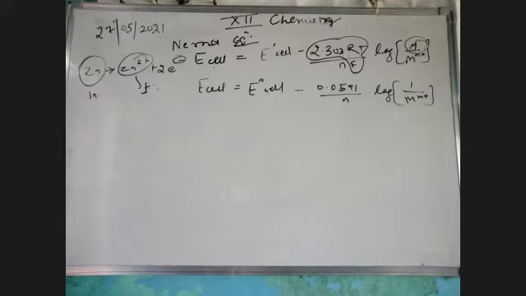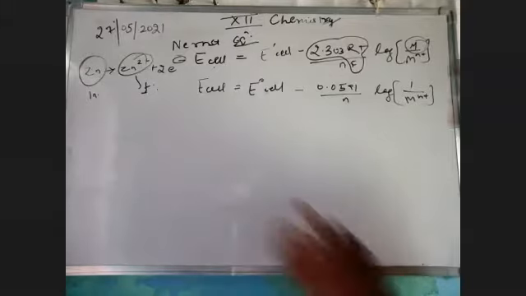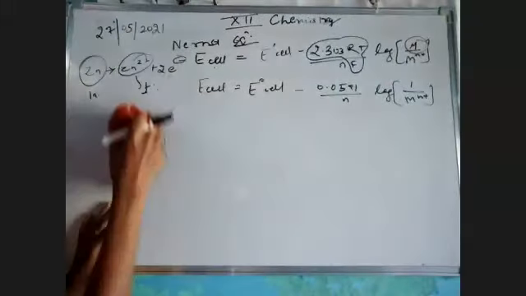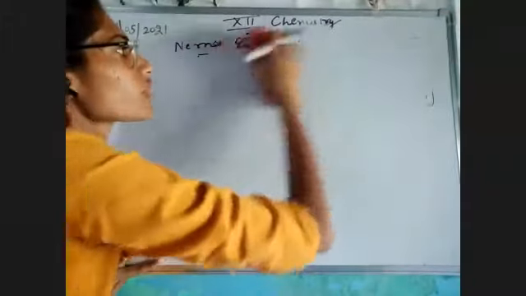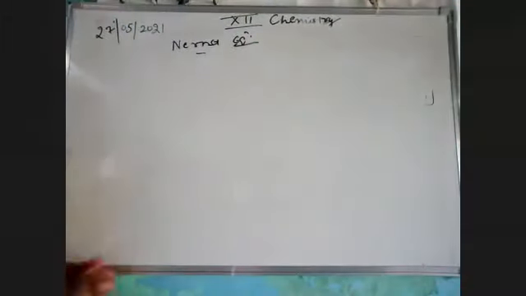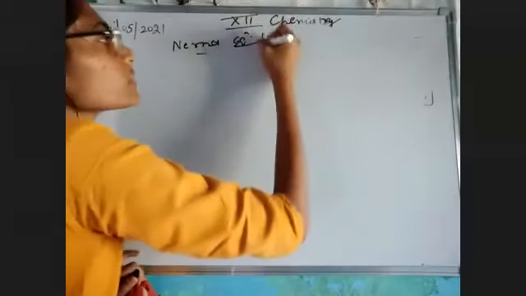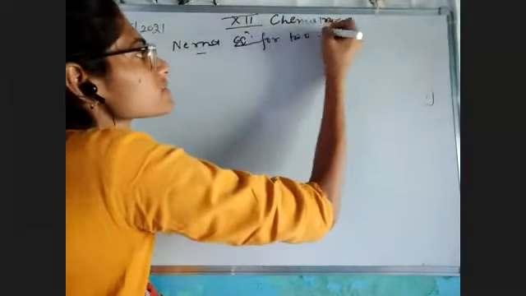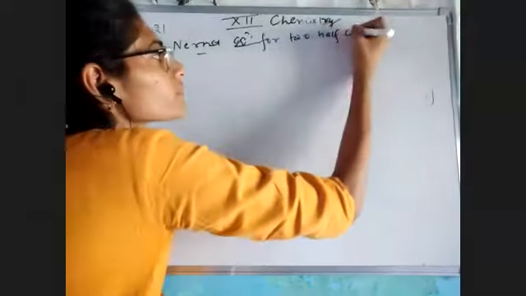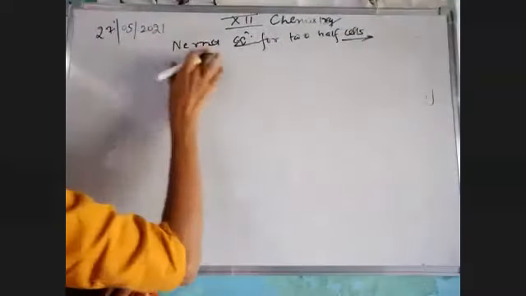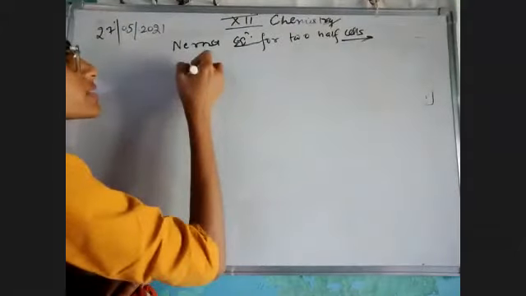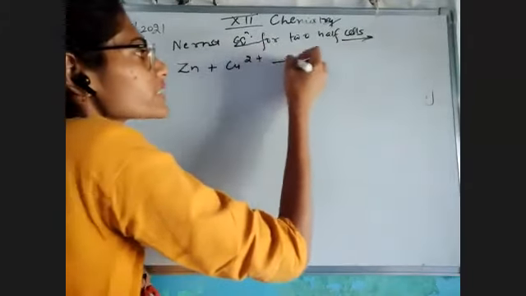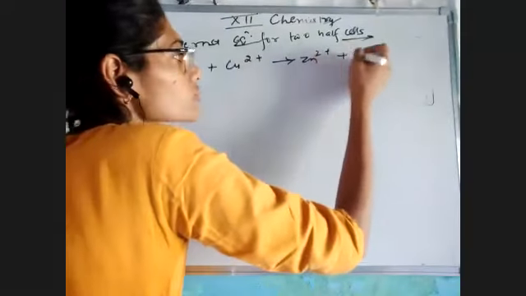All right, let's begin. I'm taking a short example first, and with the help of the example we will go on to our topic. So I'm writing the Nernst equation for two half cells. We have the same example: zinc plus copper 2+ converting to zinc 2+ plus copper.